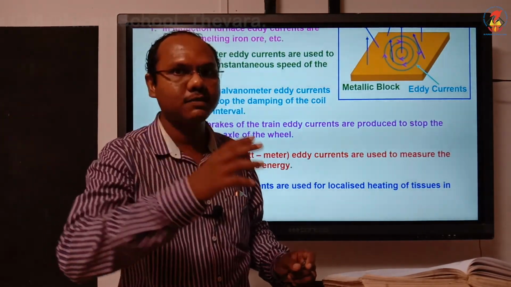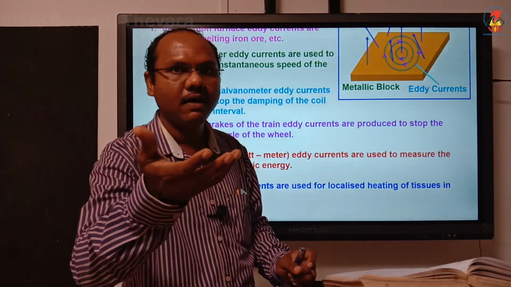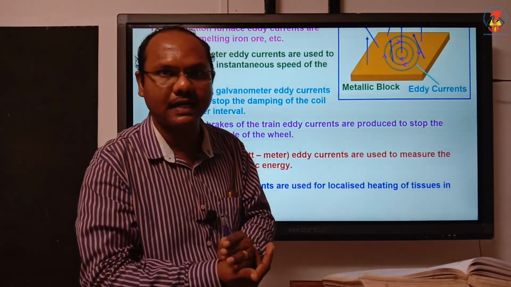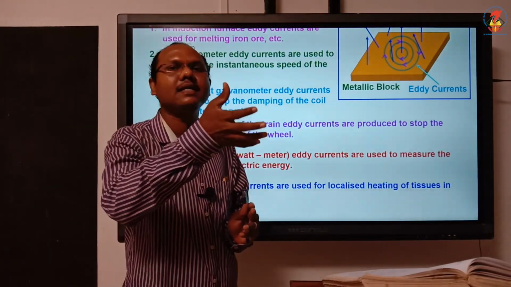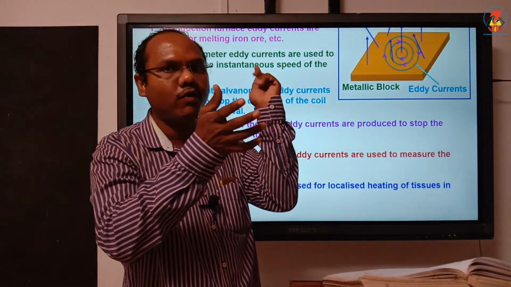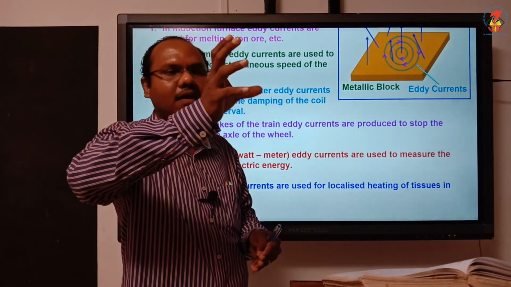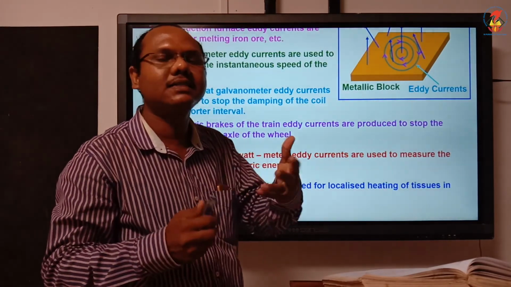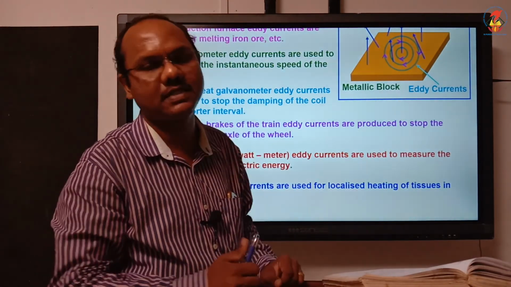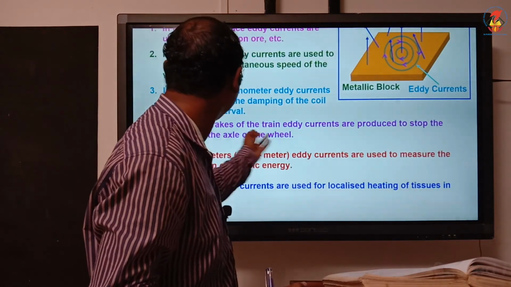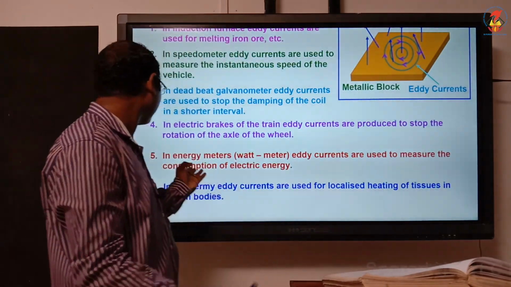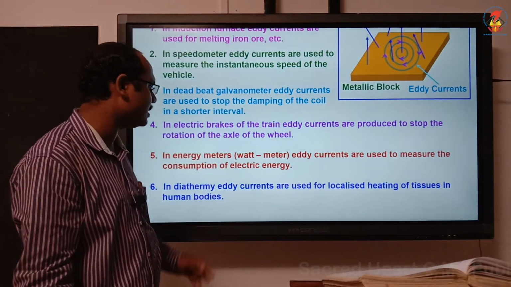The magnetic field is produced at the bottom of the train with the help of a strongly varying current. So as the wheel rotates in that magnetic field, eddy current will be formed on the wheel. That will try to rotate the wheel in the backward direction. As a result, the train comes to a stop all of a sudden. Okay, that's the application of electric brake. The same thing is applicable to energy meters also.